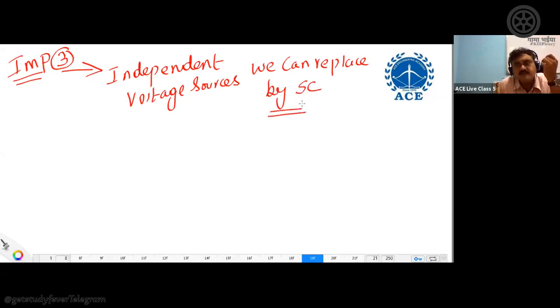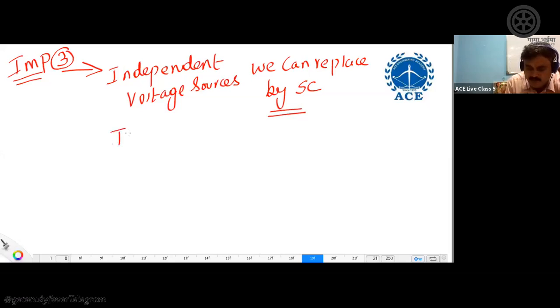There are some cases like the superposition theorem, where you are given a circuit with more than 2 sources. You have to remove a source. Whenever you are removing an independent voltage source, you can remove it by a short circuit. So just replace that independent voltage source by a short circuit and then proceed to solve your question.